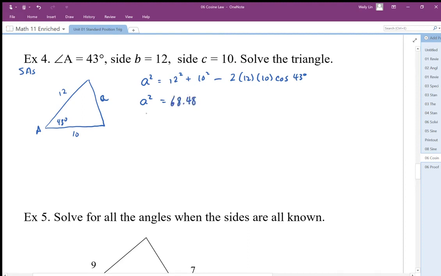Okay, so that's my square value. So I'm going to solve for a. So the a value works out to be 8.274. So I'm going to round that to 8.27. So this length here is about 8.27.